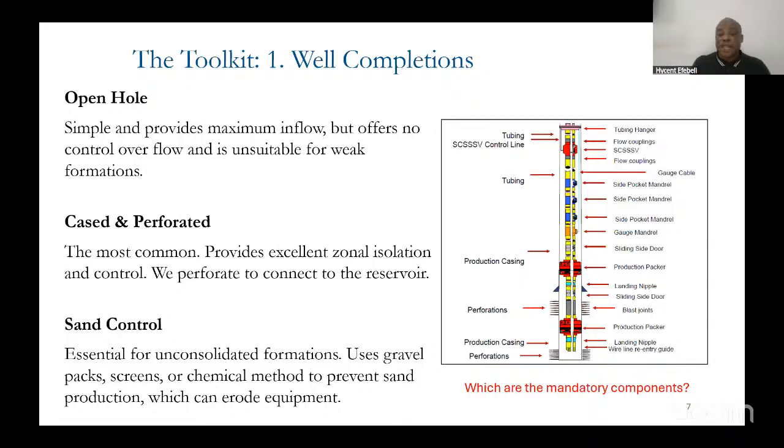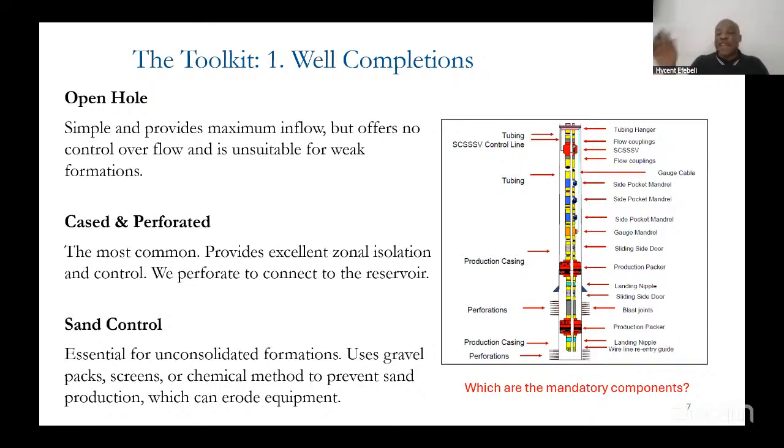But before then, you have lower completion and upper completion, like I said. Your lower completion is all those things at your sand face. You are looking at sand control and perforation when you are designing your lower completion. Then for the upper completion, you are looking at tubing and the accessories.